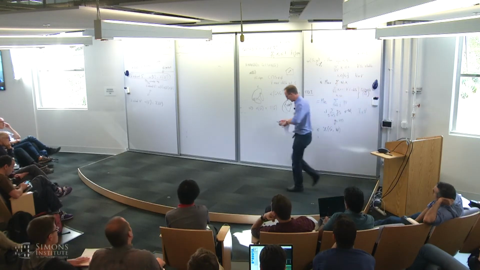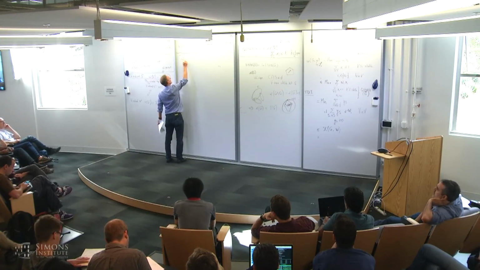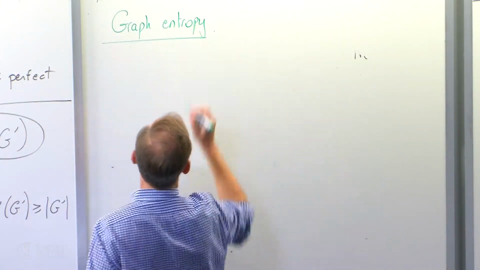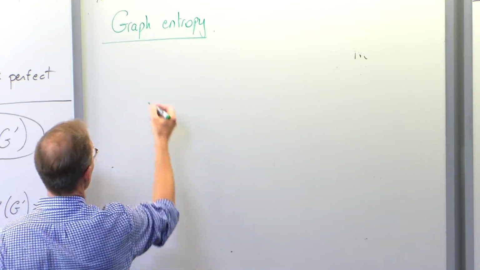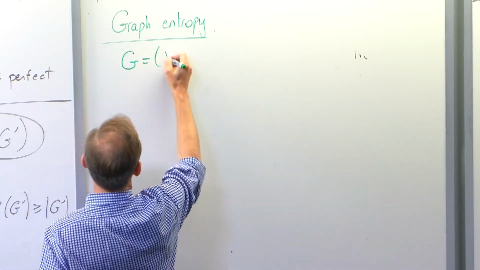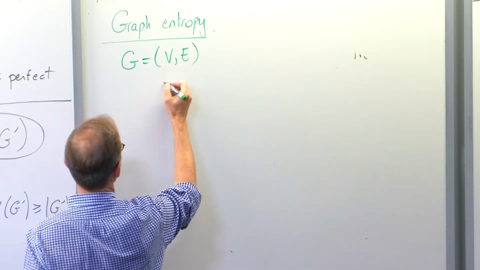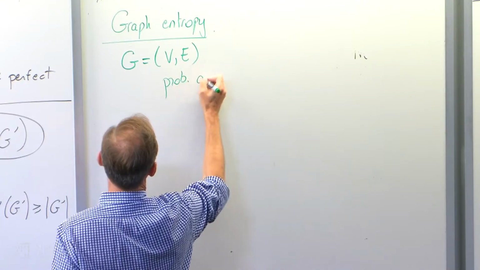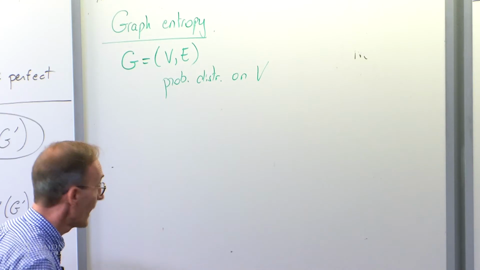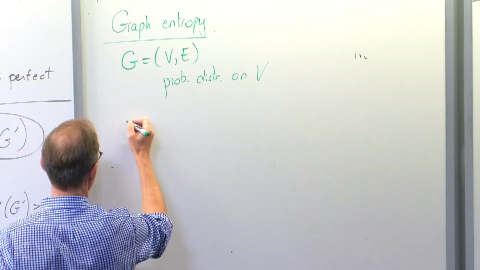Suppose I have a graph G, and I take a probability distribution P on V, and now let me define the graph entropy.